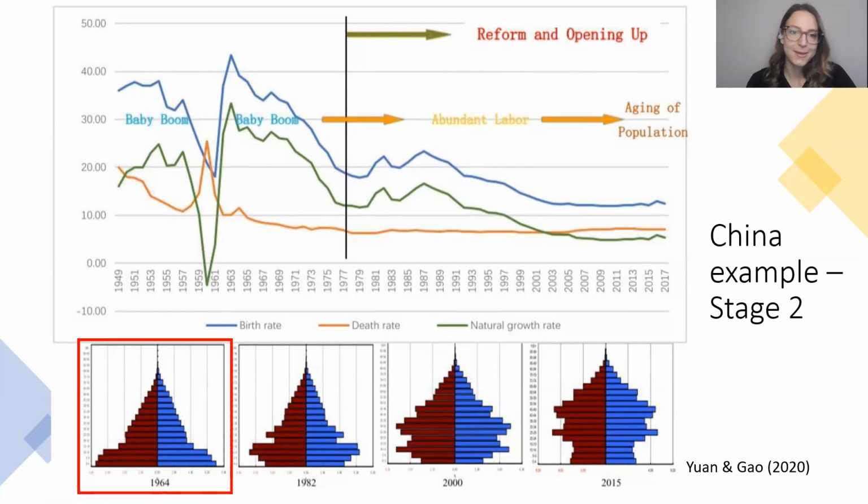But notably, you might notice here this dip in 1959. Does anyone want to guess what might have happened there? So now that we know sort of the things that influence population change or decline, does anyone want to venture a guess what happened there? Why would the population suddenly decrease?